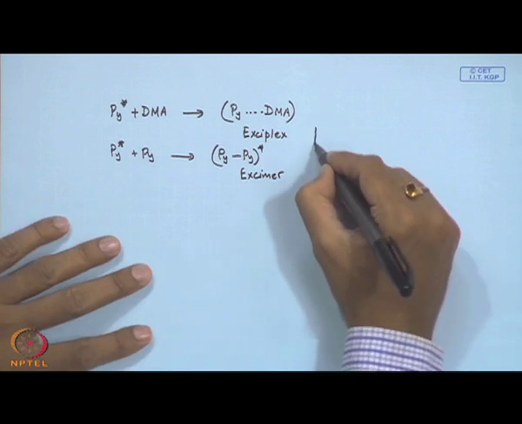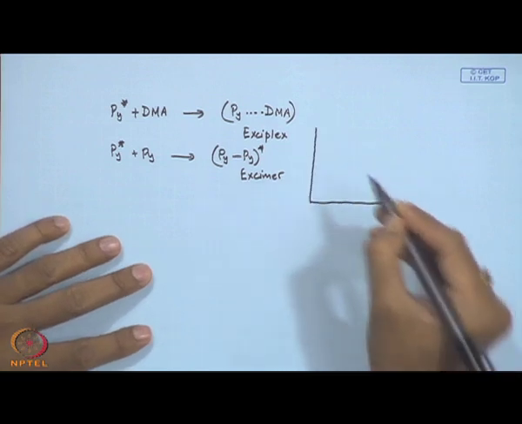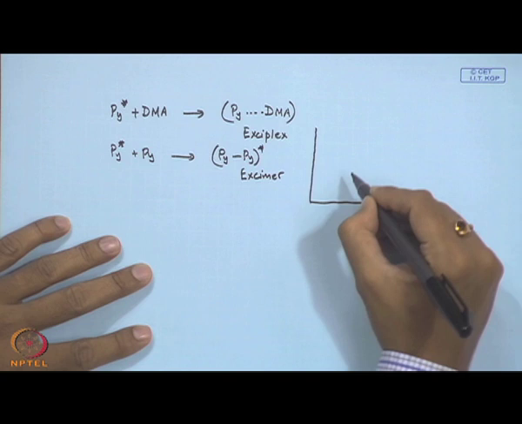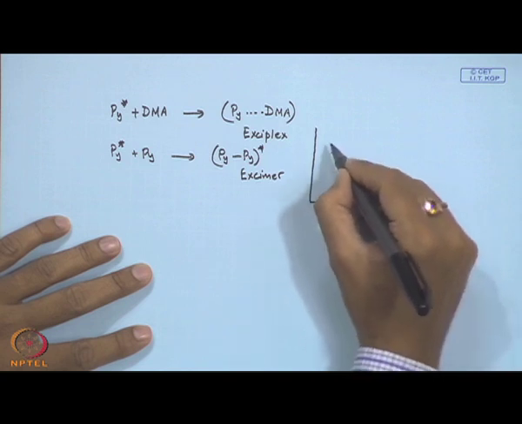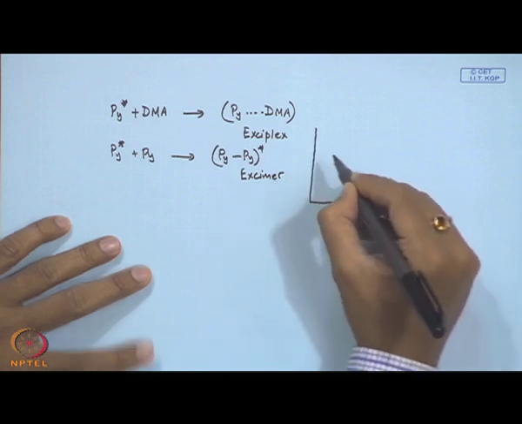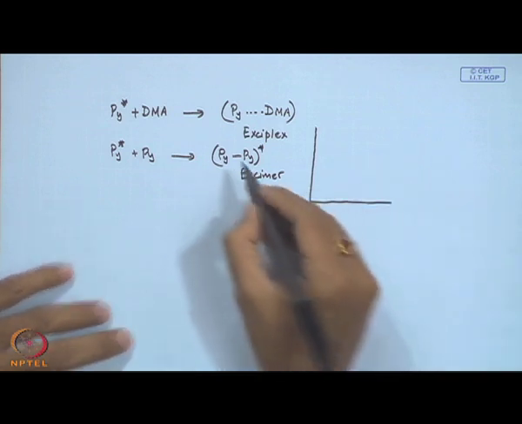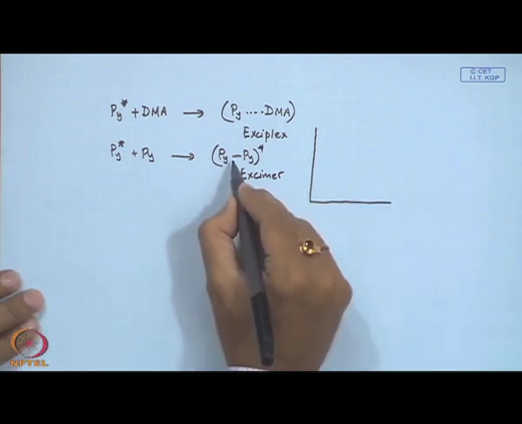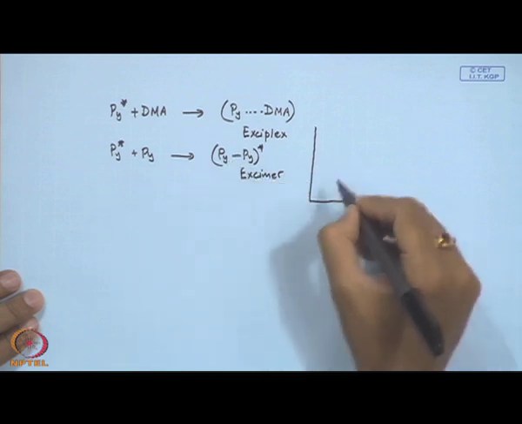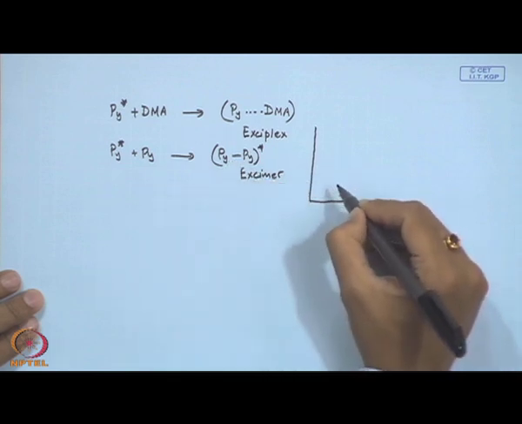An excimer is basically a ground state. If you look at the potential energy surface, there is no interaction in the ground state, but in the excited state there is interaction.